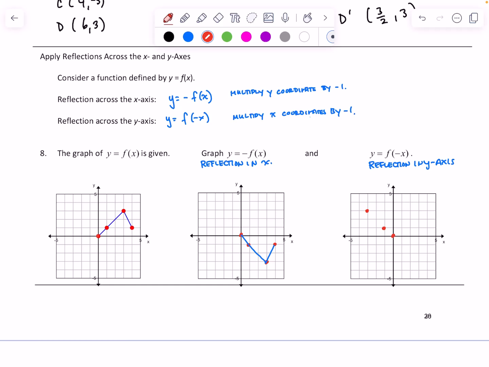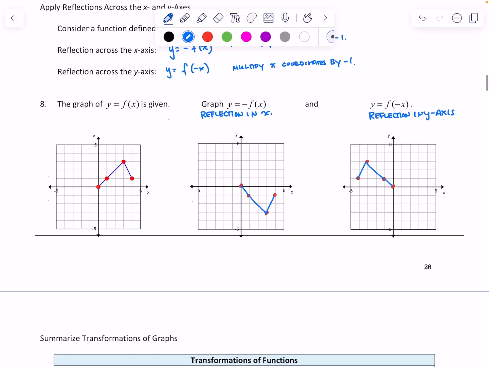And the point 4, 1 becomes the point negative 4, 1. And we get this picture here. So we're just changing x's to negative x's where required, or y's to negative y's. These ones are pretty straightforward, pretty easy to understand. And notice that just like the shifts right or left and up and down, the shape doesn't change, right? The shape is held the same, but the position of the thing moves.